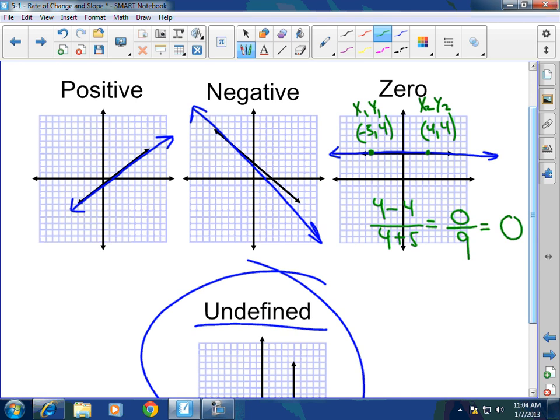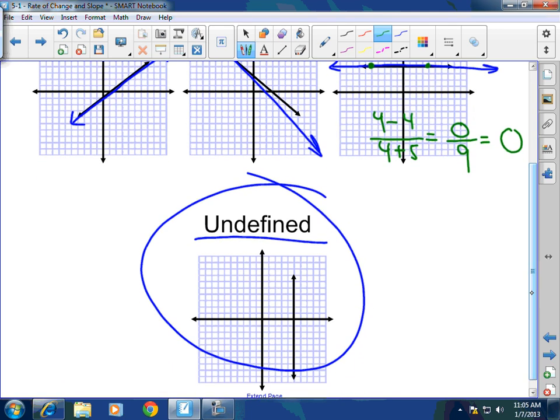If we do the same formula over here and test why this is undefined, let's check these points out. This is 5, 3, which I'm going to call my x1 and y1. And this is 5, negative 3, which I'm going to call x2, y2. So y2 minus y1 over x2 minus x1. Look what happens. I got negative 6 over 0.